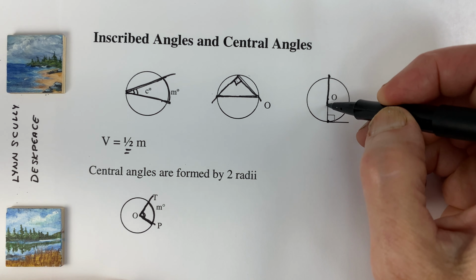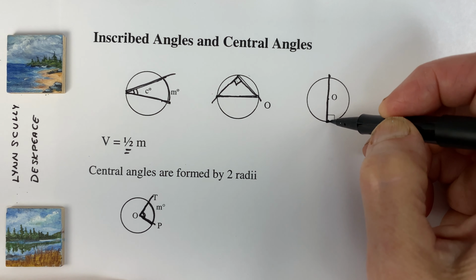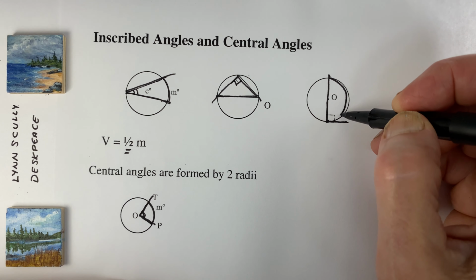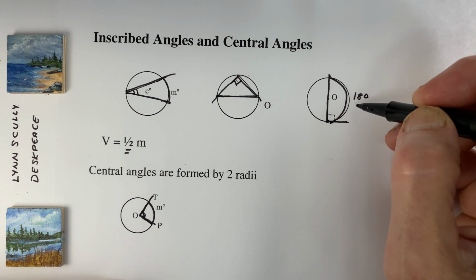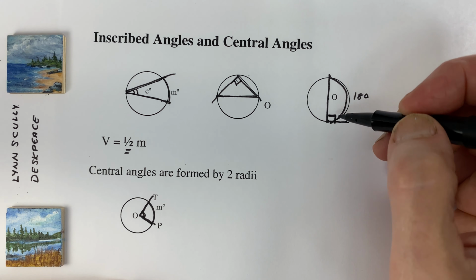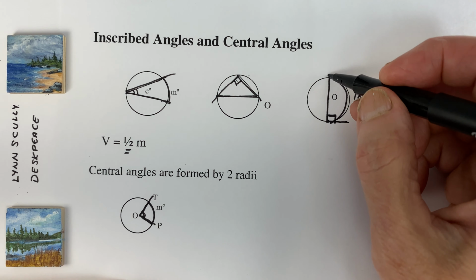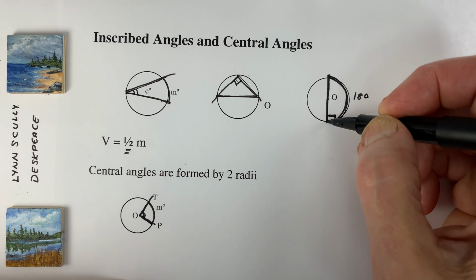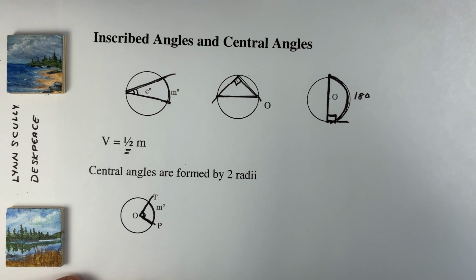So again, we have a diameter and then we're extending out. If I read between the lines, this is 180 degrees, it is half the circle, therefore this has to be 90 degrees. It doesn't look like the other pictures, but if I read between the lines, I still have 180 and my angle is on the circle.